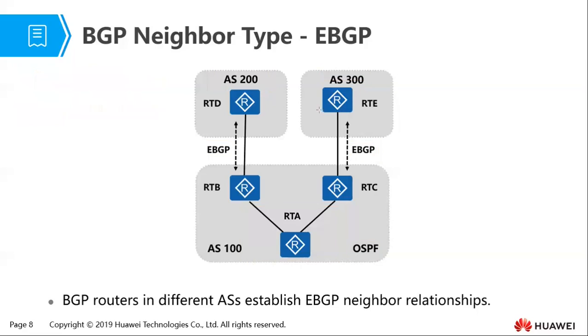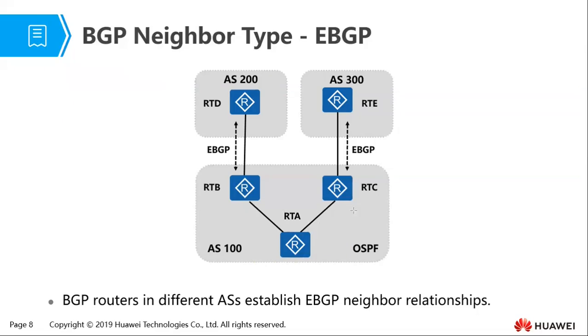Now, one way to do that is to import the BGP routes into OSPF, the same way we've been importing routes. So we can import BGP routes into AS100, and therefore all the routes that have been learned through BGP from this AS and this AS are going to be installed in AS100. Now, that has a problem.